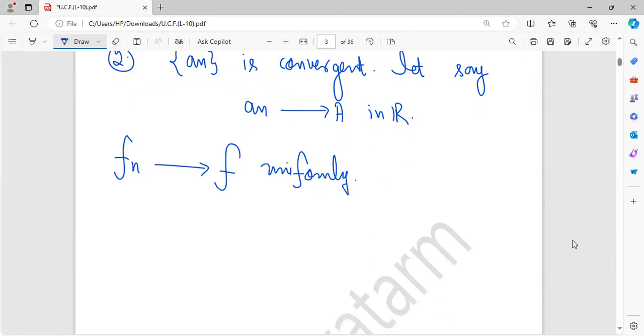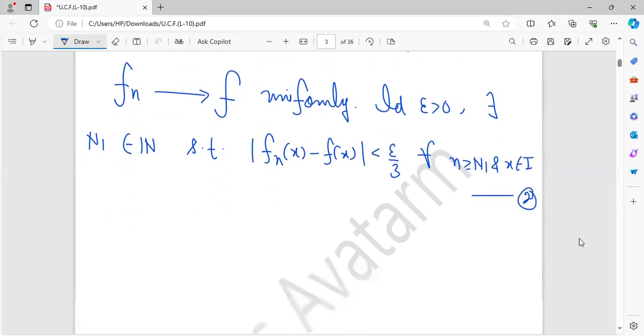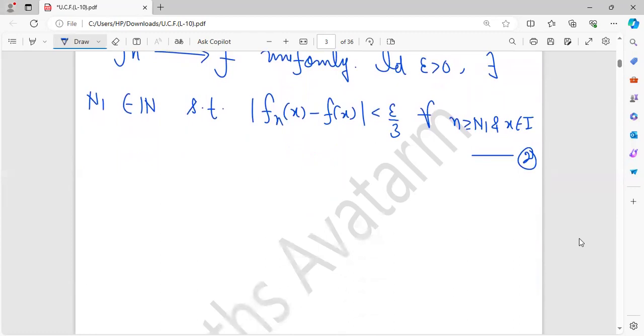Let epsilon greater than 0. There exists N1 belonging to the natural numbers such that |f_n(x) - f(x)| is less than epsilon by 3 for all n greater than or equal to N1 and x belonging to I. Let's say it is equation number 2.